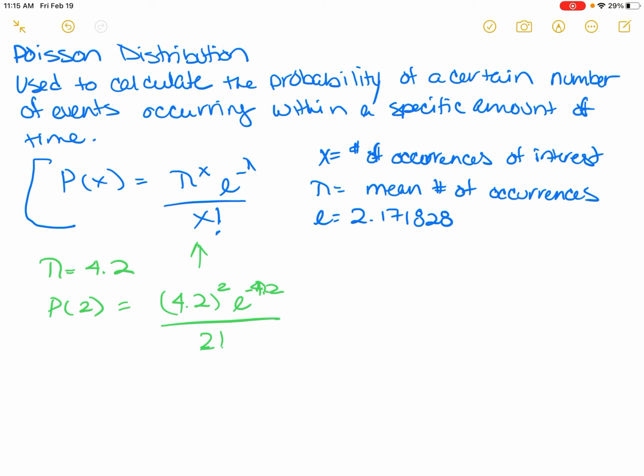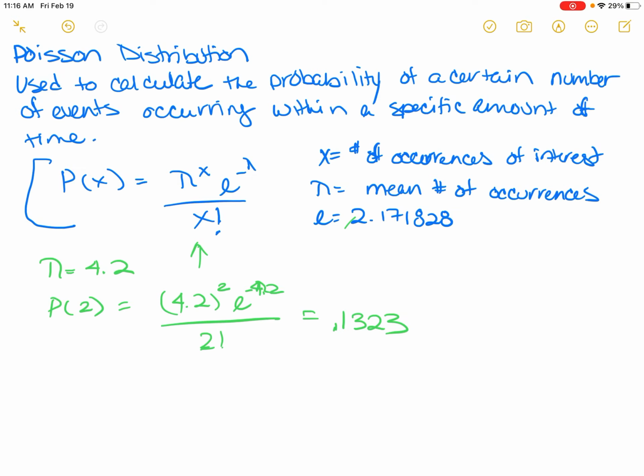Given this situation, this all works out to be, and this is also in your book, 0.1323. So the probability of Brian losing 2 balls during a round of golf is 13.2%. It's a 13.2% chance that he will lose exactly 2 golf balls during a round of golf.